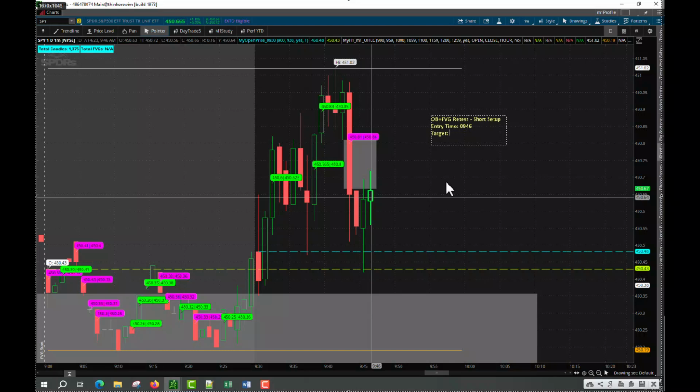No, actually we see the target is the high time frame. Bullish breaker. That's M5, right? M15.